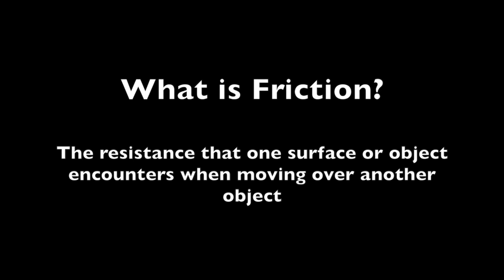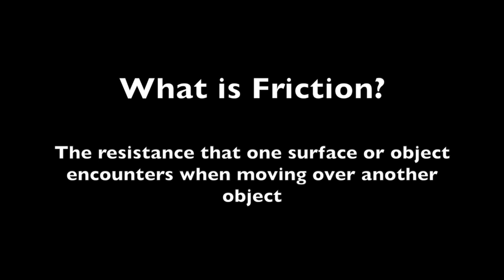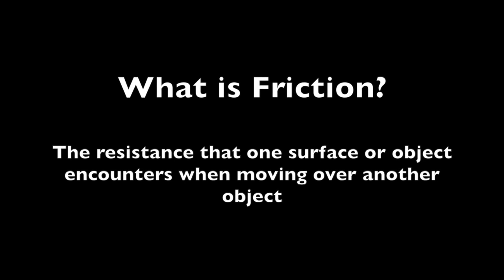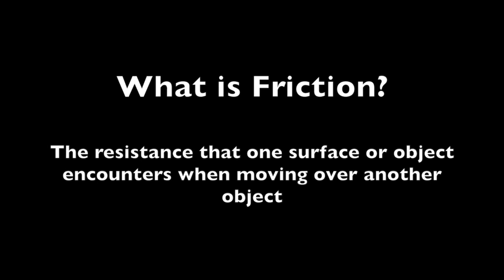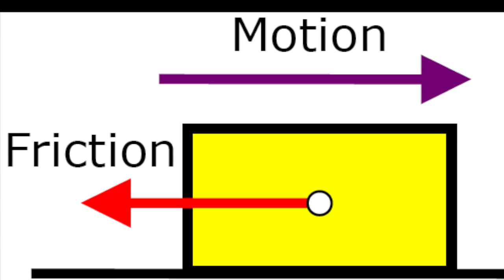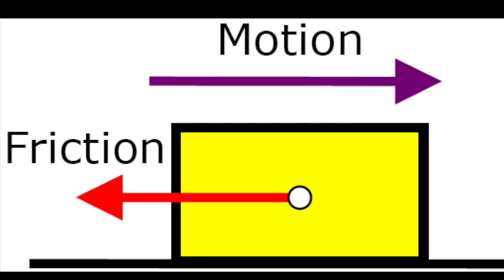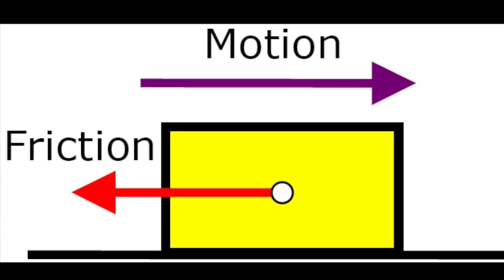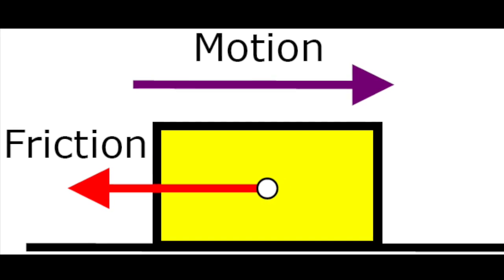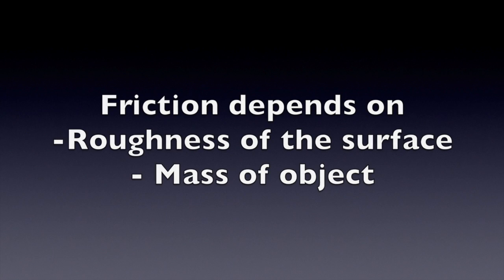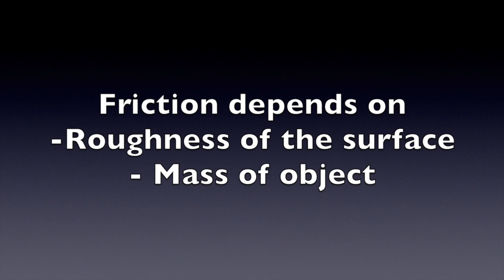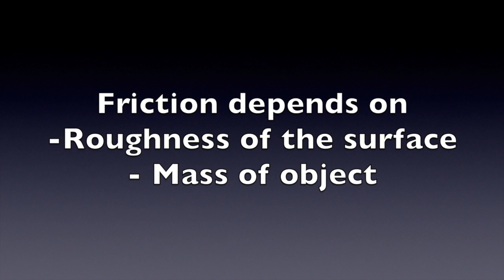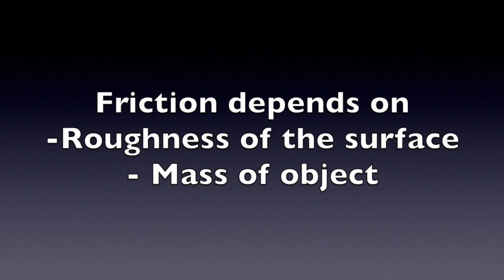Friction is the resistance that one surface or object encounters when moving over another object. Friction depends on roughness of the surface and mass of objects.